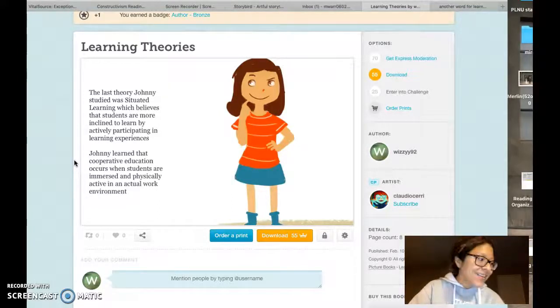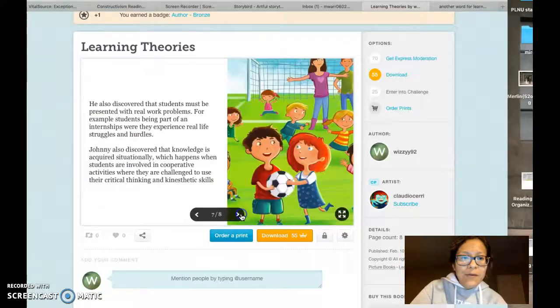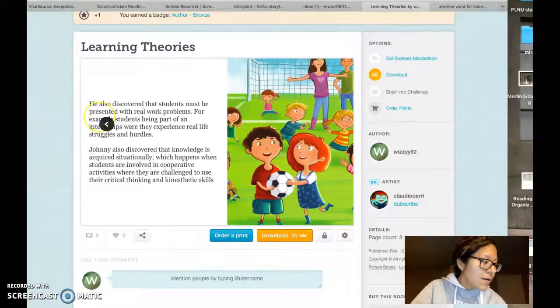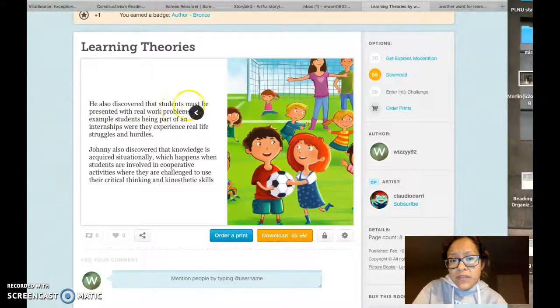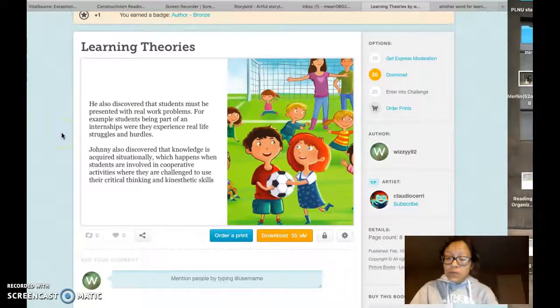So that's cooperative education. And then another keyword was real world problems. Now continuing reading the book, he also discovered that students must be presented with real world problems. For example, students being part of an internship where they experience real life struggles and hurdles.